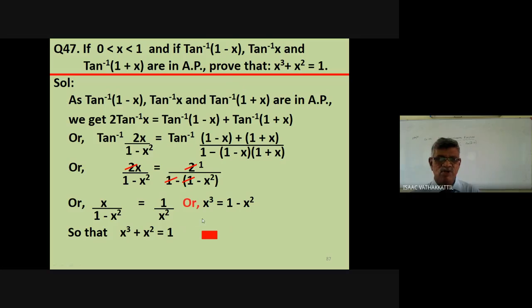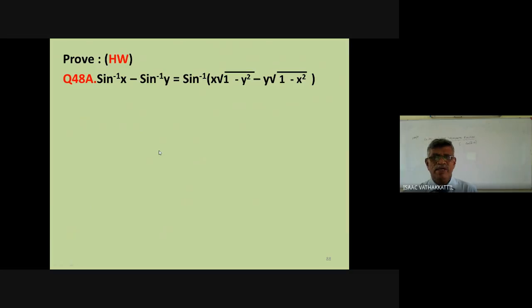Okay, simple question, but you have to apply properties outside inverse trigonometric functions also. Okay. Let me give some questions here. Prove that sine inverse x minus sine inverse y equal to sine inverse x into root of 1 minus y squared minus y into root of 1 minus x squared.